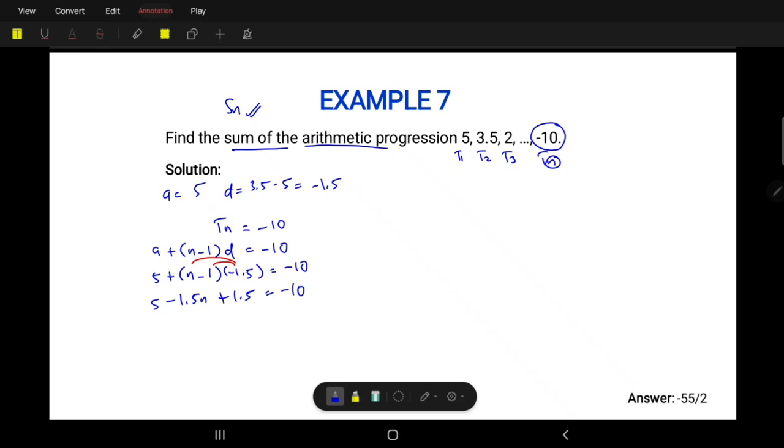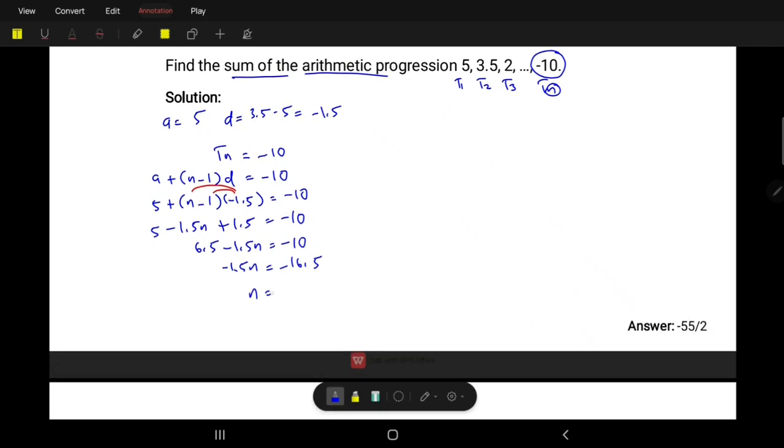So 5 plus 1.5, you will get 6.5 minus 1.5n equals negative 10. We want to find the value for n. So 6.5 bawa pindah sebelah, dia akan jadi negative. Negative 10 minus 6.5, you will get negative 16.5.